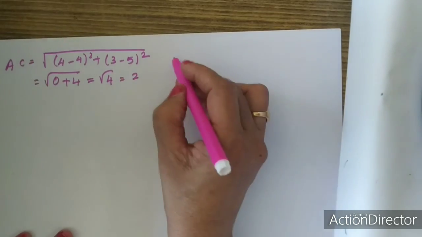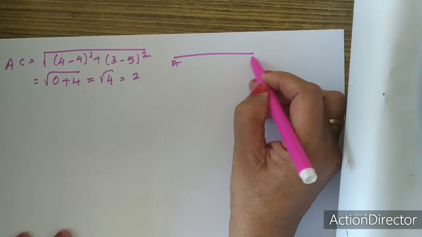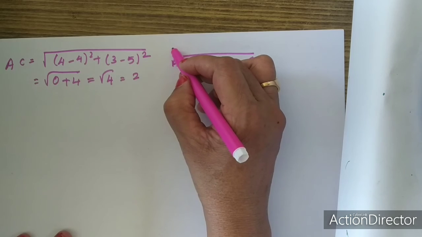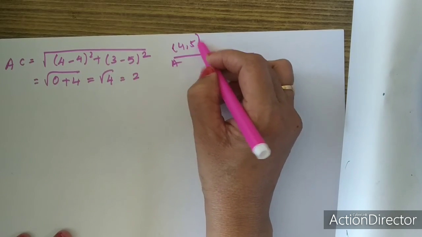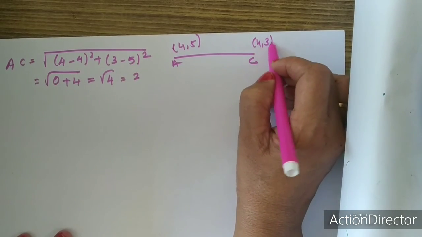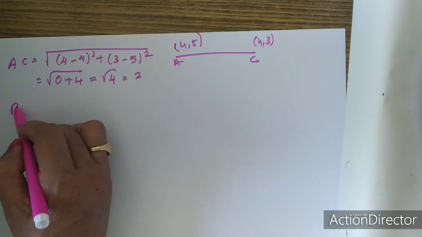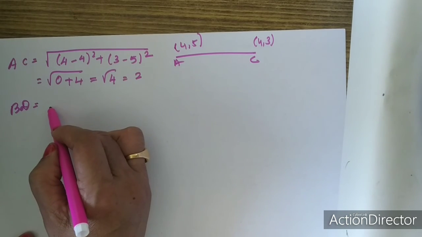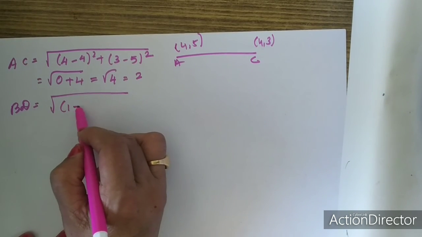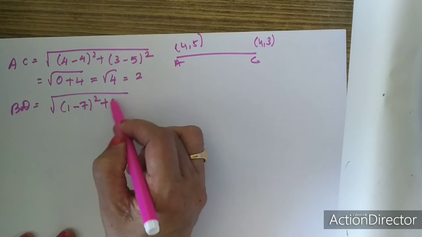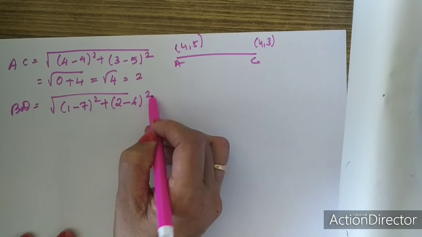You write AC over here. What is the coordinate of A? 4, 5 and C is 4, 3. Next, BD. BD is equal to under root of 1 minus 7 whole square plus 2 minus 6 whole square.